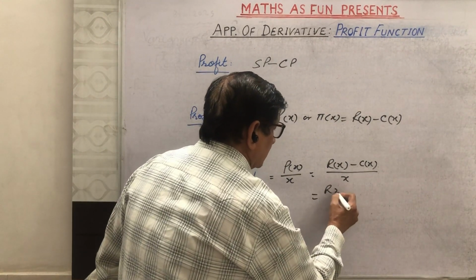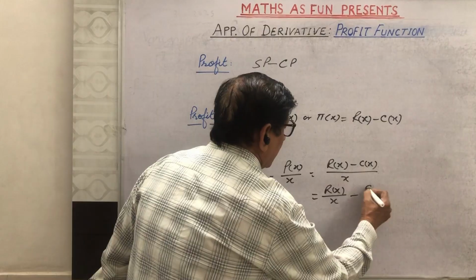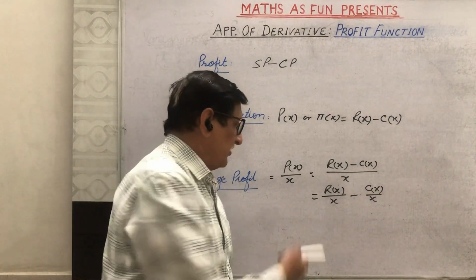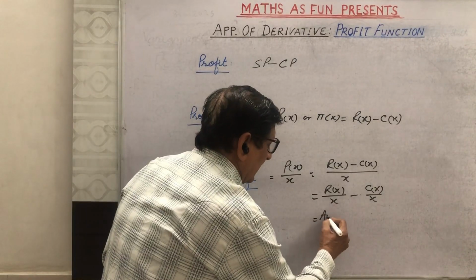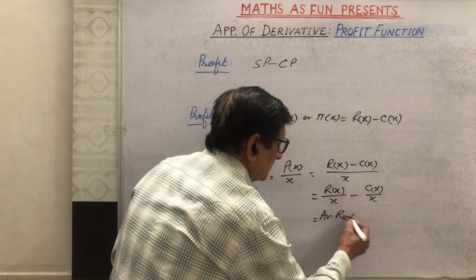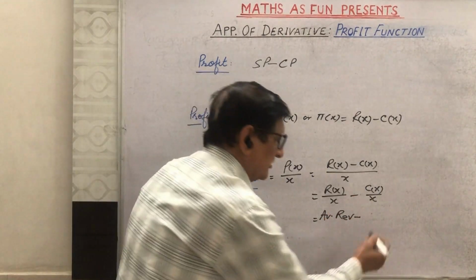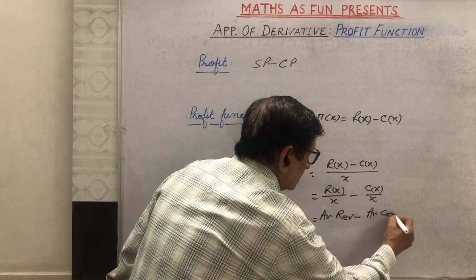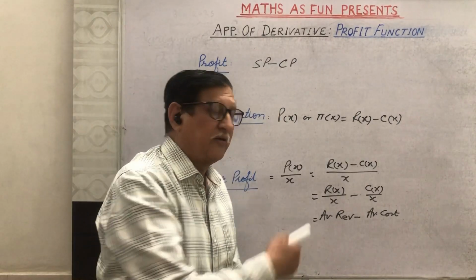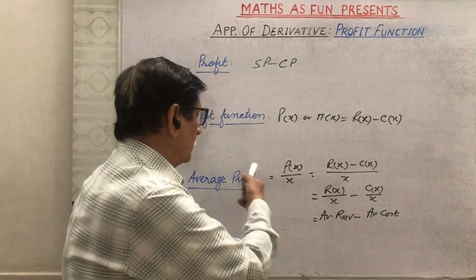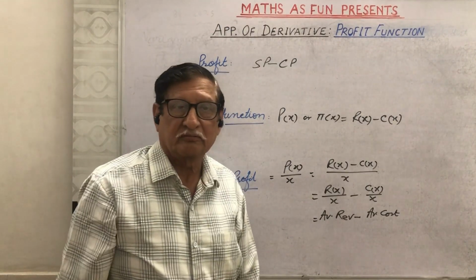Can we write it is equal to R(x) upon x minus C(x) upon x? We know R(x) upon x is the average revenue and C(x) upon x is the average cost. It means the average revenue minus average cost is equal to the average profit.